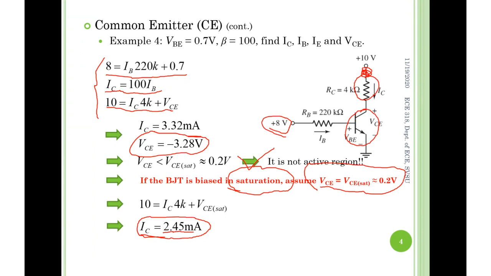Here we go, 2.45. This is actually a practical circuit. This is how you design a switch, because you have control. It's not mechanical, physically flipping a toggle or something like that. It's an electronically controlled switch.